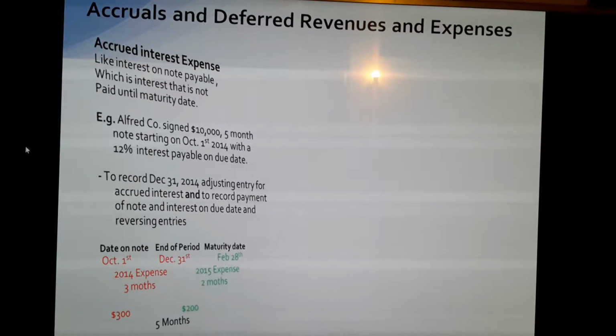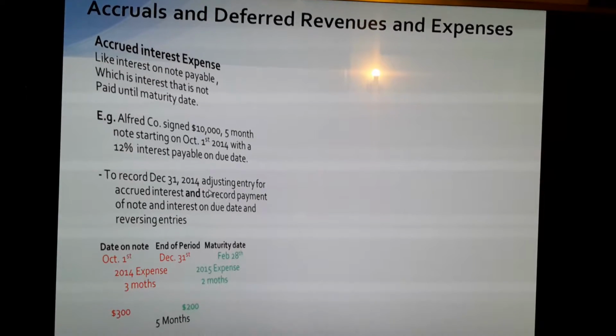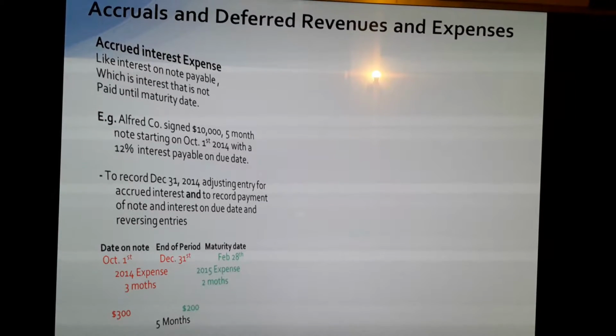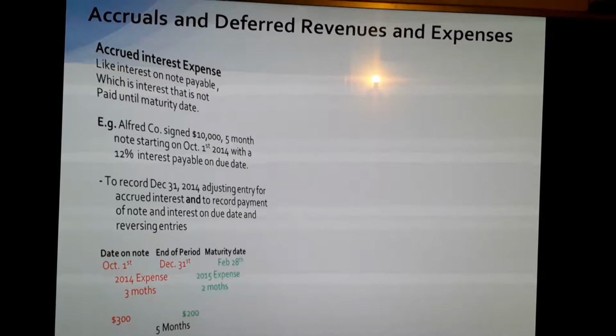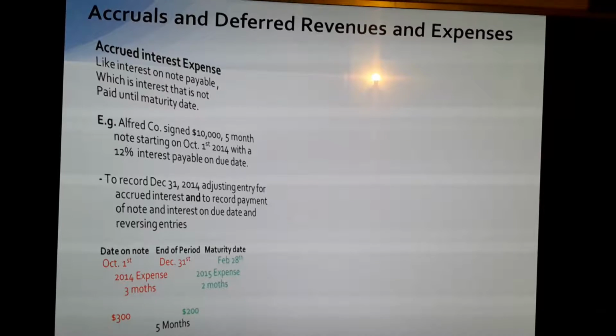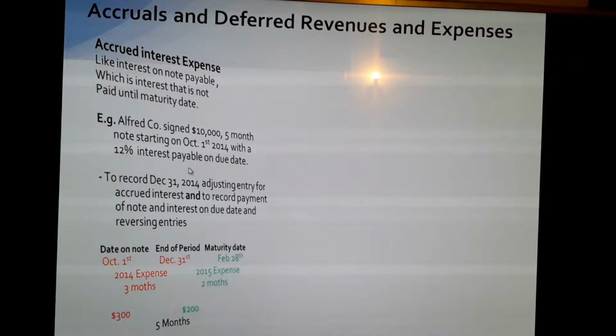The reversing entries also help you not to go back to the previous year and look at the information. By reversing them in the following year, you will be able to see what really happened last year. So this is a breakdown of this.